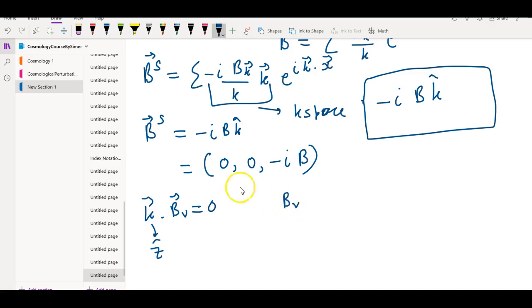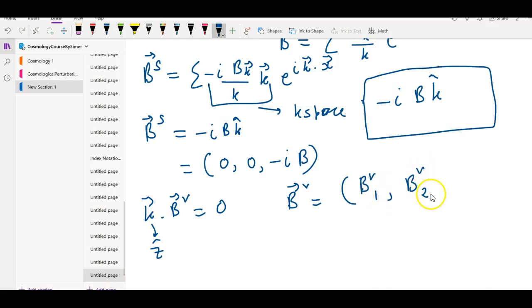Vector BV has only two components, BV 1, BV 2, and then the third component is 0. And that's because of our choice of axis. We have aligned z-axis parallel to k-axis.